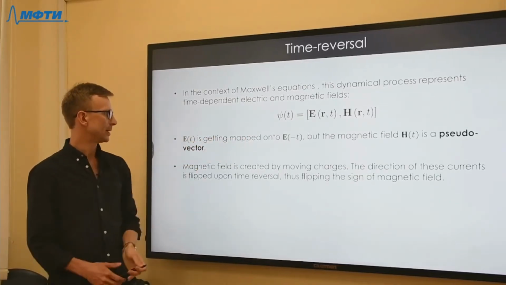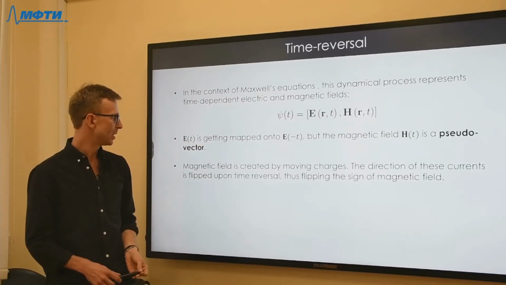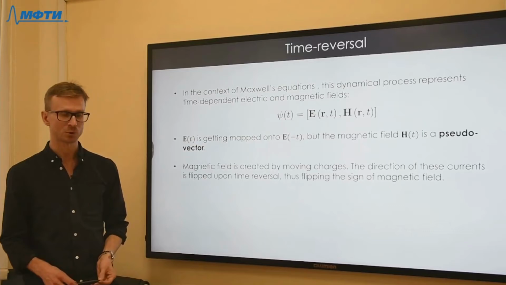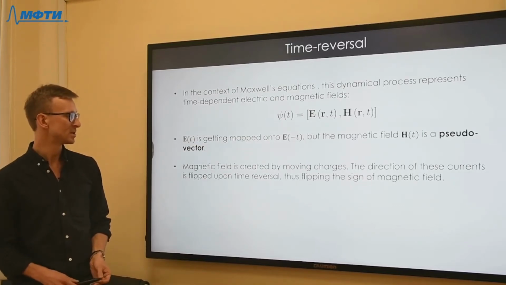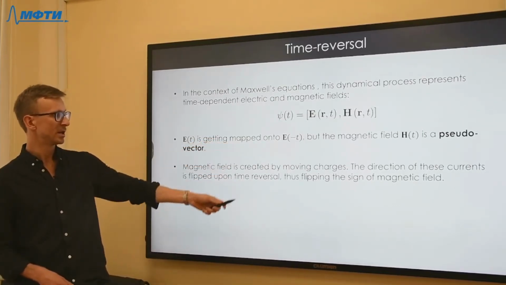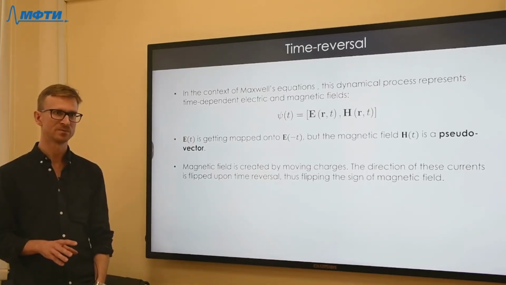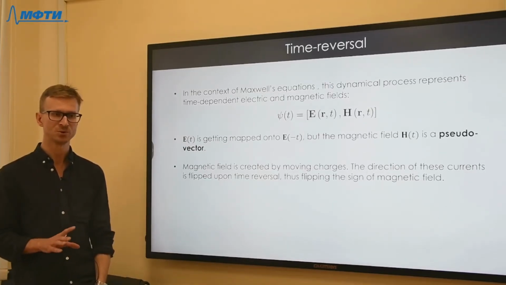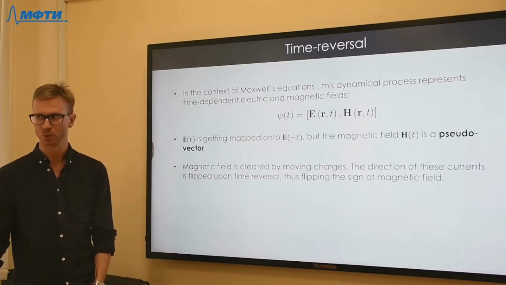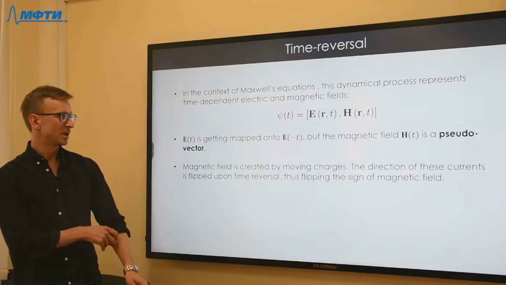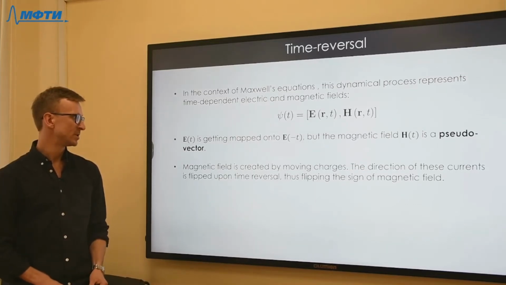And so in this time reversal process, E is mapped into E of minus t, but the magnetic field is not, because remember, the magnetic field is a pseudo vector. It's not just a real vector, it's a pseudo vector because it behaves in a weird way when you flip coordinates, and the same happens when we flip the direction of time.